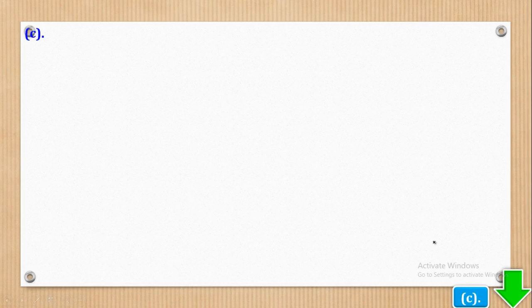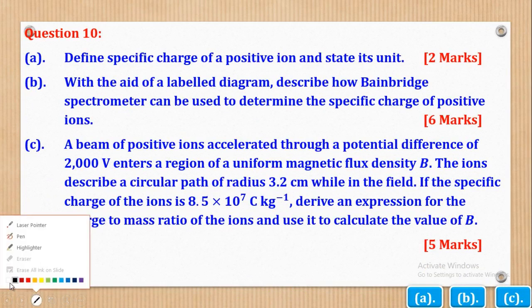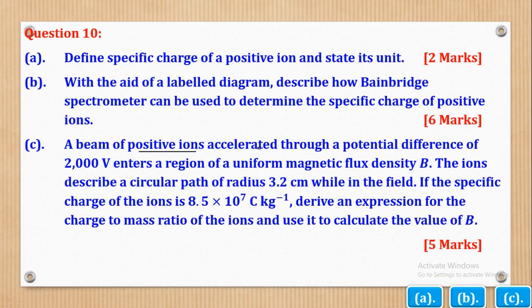So now we shall go to part C. Part C says, a beam of positive ions accelerated through a potential difference of 2000 volts enters a region of uniform magnetic flux density B. The ions describe a circular path of radius 3.2 centimeters while in the field.